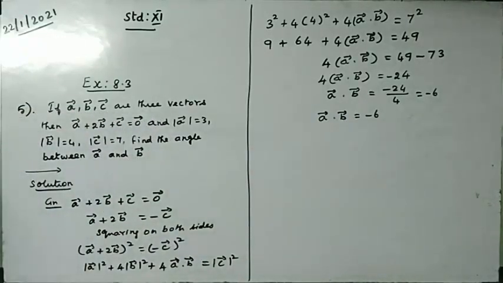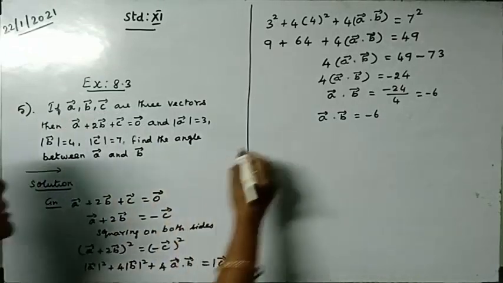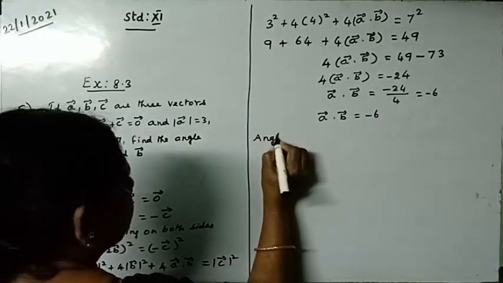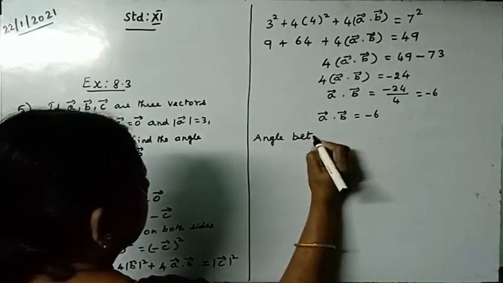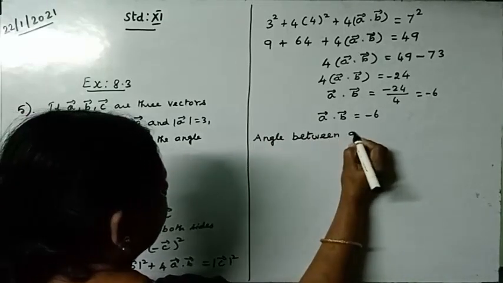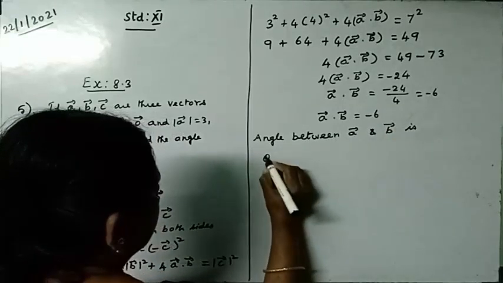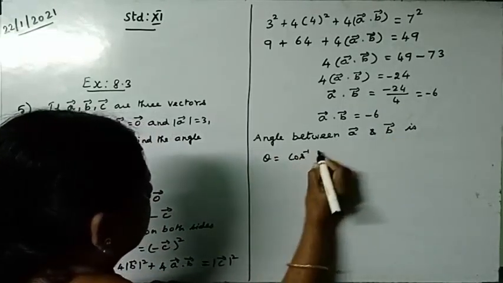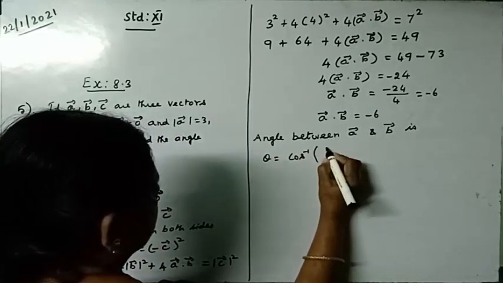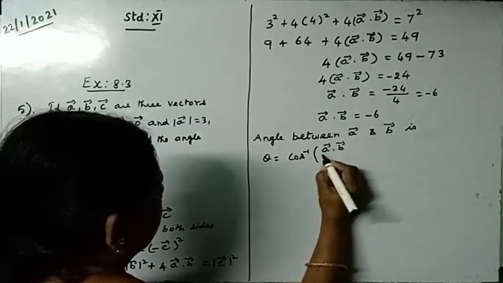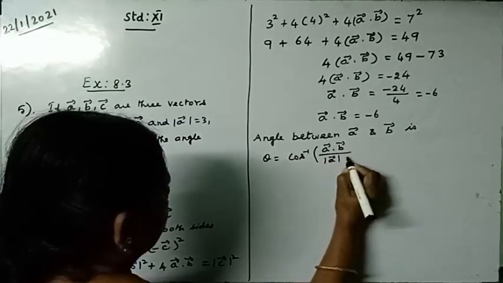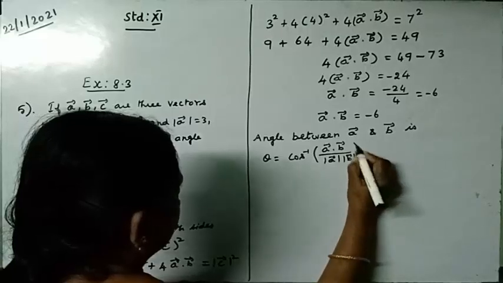Now what is the angle between A and B? The angle between A vector and B vector is theta is equal to cos inverse of A vector dot B vector divided by modulus of A vector into modulus of B vector.